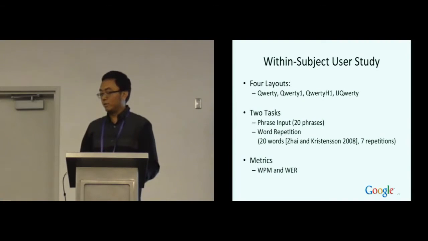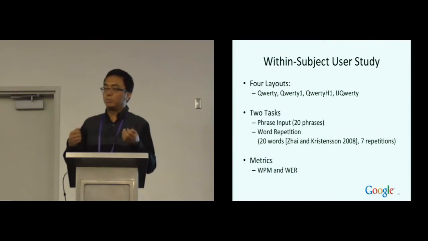We conducted a within-subject user study, and we tested the three optimized layouts together with Qwerty. We also picked two tasks. First is the phrase input task. It basically tests when you first pick up the keyboard and enter phrases, whether there will be performance improvement on the optimized layout. The second task is the word repetition task.